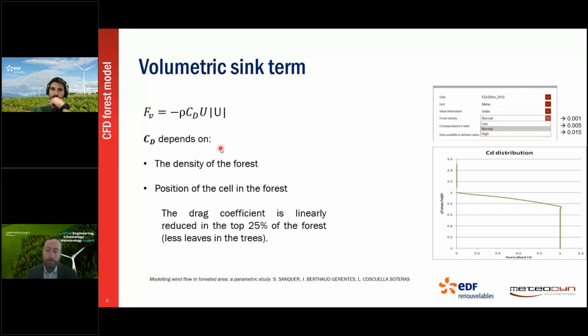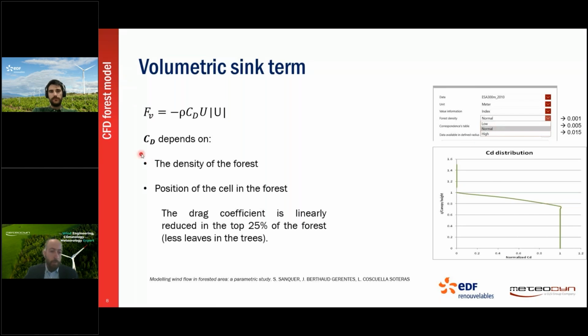And it's also a kind of adjustable variable of the model. So you have here the main interface to configure this CD parameter, so the density of the forest, from low to high. Of course, you will act on the drag force term using these different variables.